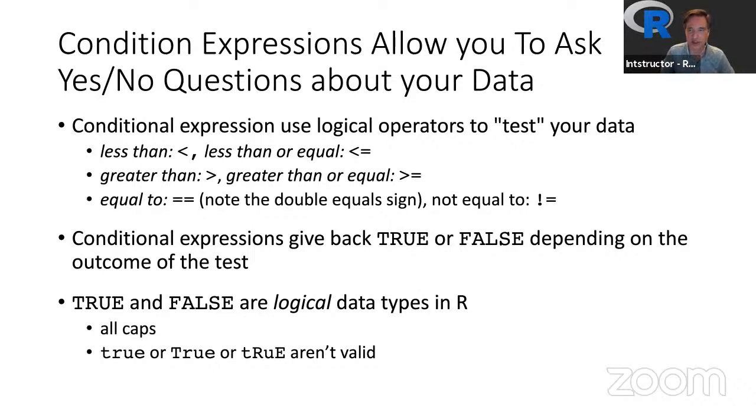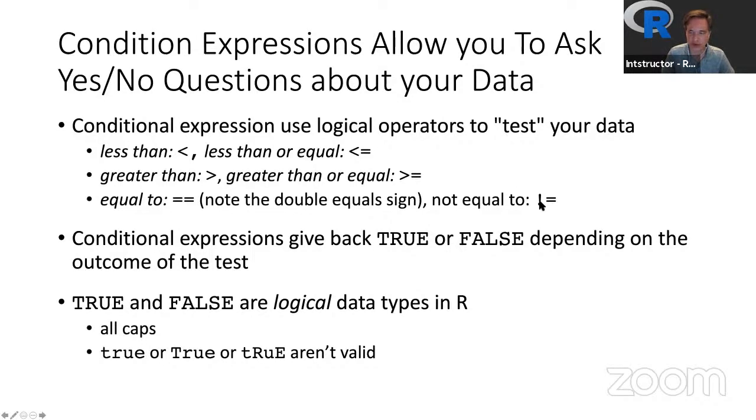The answer was yes. The single equal sign can also be used for variable assignment. So that symbol has already been reserved for assignment. And so if we want to ask whether two things are equal to one another, we have to use the double equal sign. It's just a way of differentiating that from the assignment operator.